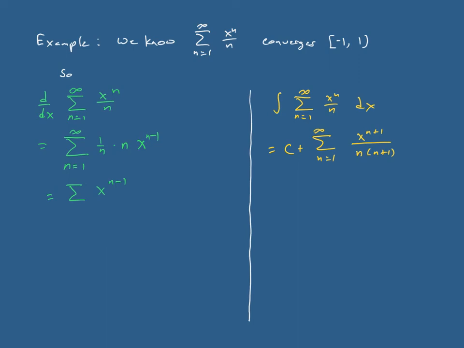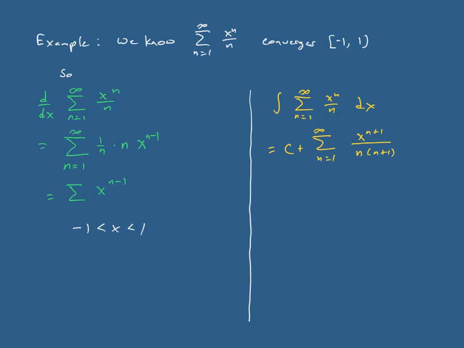So when I take the derivative of that, I took the n down in front, so I get 1 over n times n times x to the n minus 1. That's going to simplify to x to the n minus 1. But what I know on this, I know that I'm going to converge, for sure, when x is between -1 and 1. I already know that because that's what our original series converged for. We just had to check the endpoints.